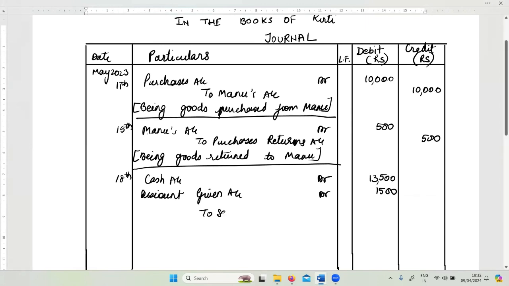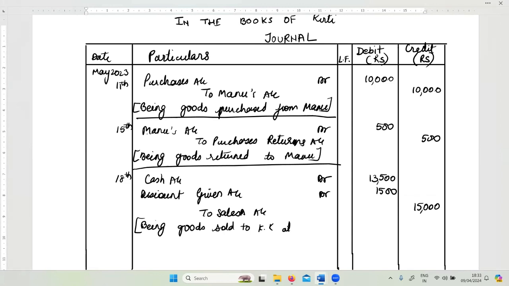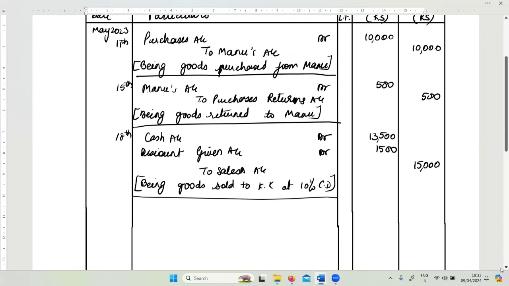How much sales is taking place in total? Sales account that I have is 15,000. So here you can write in brackets being goods sold to KK at 10% cash discount. I'm writing everything in the narration so that the person reading this transaction understands what exactly has happened.